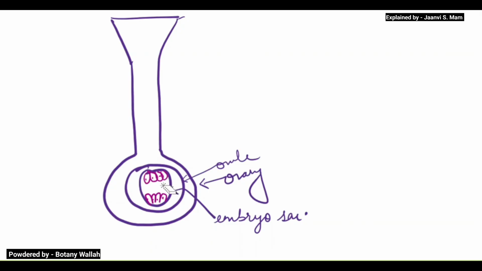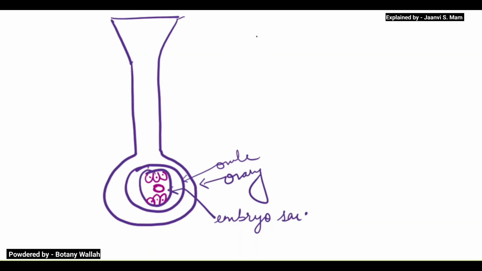So what will happen? In the middle there is a space. So one nucleus, like one cell from here, and one cell from the other side, are coming to the center. So here you will have 3 cells, and here you will have 3 cells, and in between you will have 2 cells.